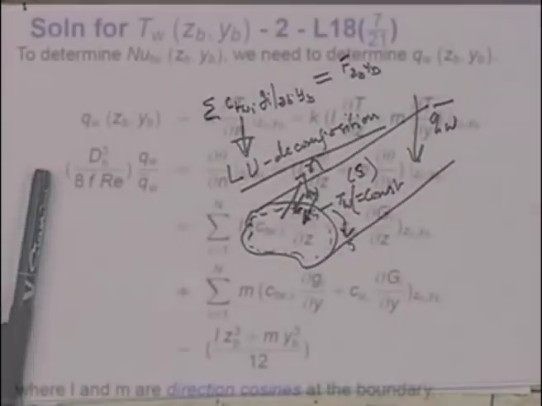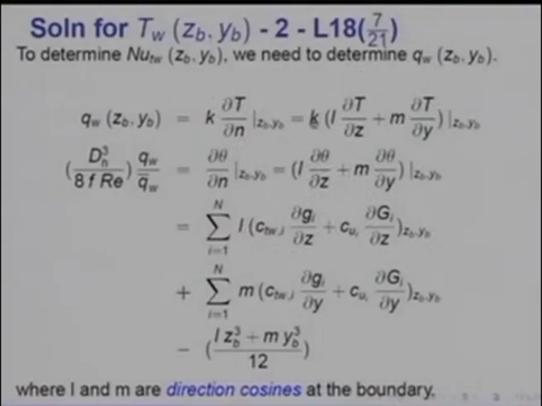And you will recall from your first course in mathematics that a normal derivative can be split into derivative along direction z and direction y multiplied by direction cosines L and m. So, I can write this as k times (L dt by dz plus m dt by dy) at n.